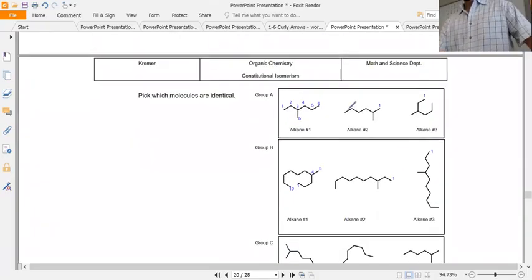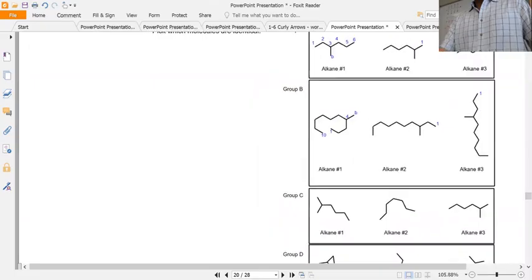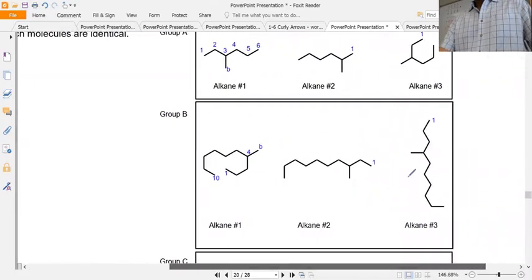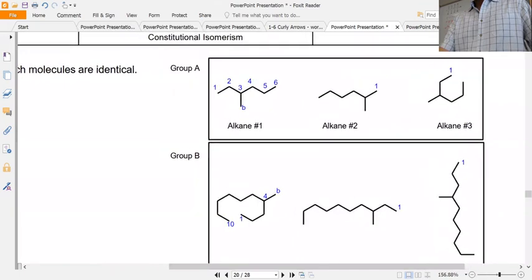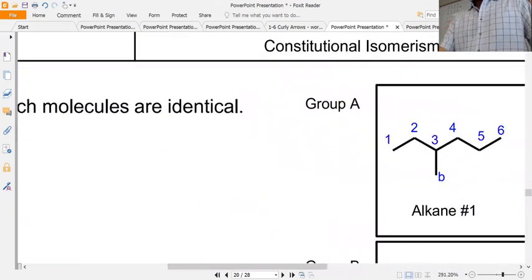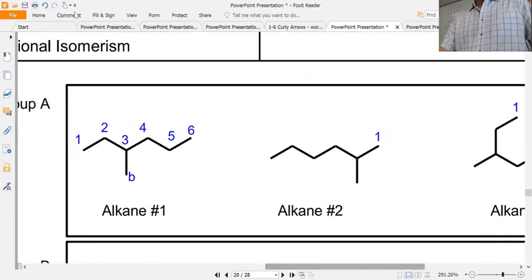And now on page 20, I'd like to give you a shortcut to solve these. Zoom in real good here. Good, I'm screen sharing, I'm recording.